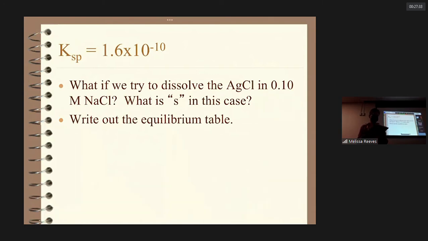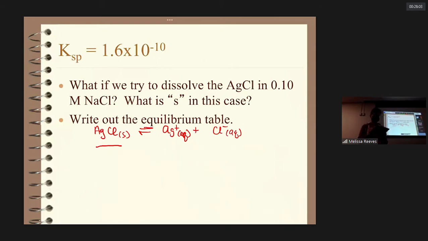Okay, so we're going to write out the equilibrium table. What we want to write is silver chloride, solid, goes to silver plus chloride, and these are the aqueous ions. We don't worry about the concentration of the silver chloride salt, because that doesn't affect the equilibrium.